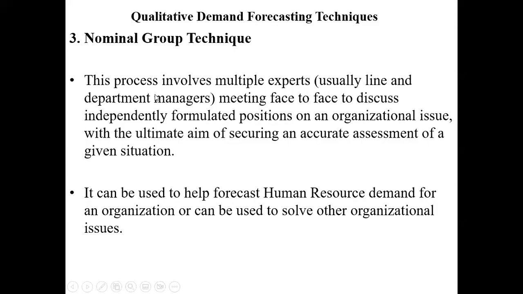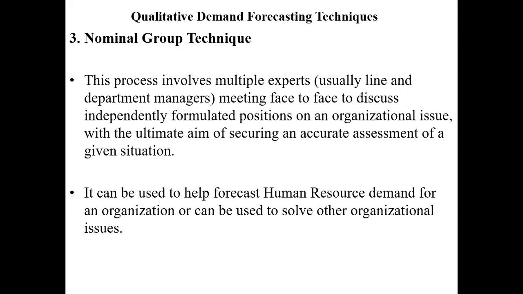Now, the third approach to qualitatively conduct demand forecasting is what we call the nominal group technique. The nominal group technique also makes use of multiple experts.